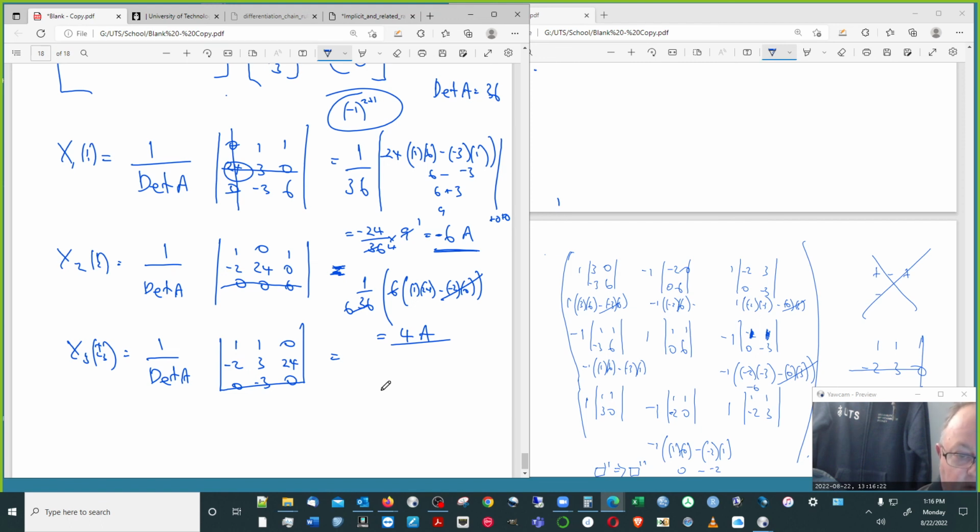And then finally, for this one here, 1 over 36 minus 3. What's the address of that? 3, 2. Ooh. 3, 2 is an odd, so it's going to be minus 1 times the brackets. 124 minus 2, 0. The back is gone, so it's just 24.